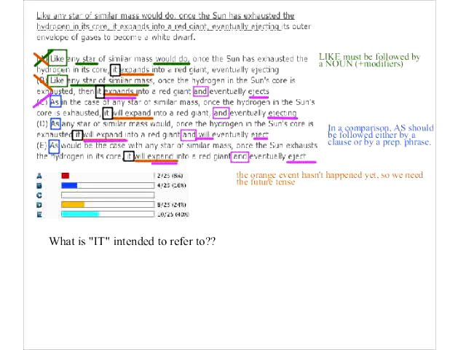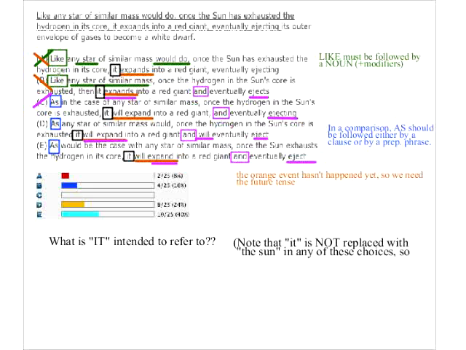Remember, ambiguity is not a problem here, because it is not replaced with anything. It is in all five choices, so there's no replacement, therefore ambiguity is not an issue. Note that it is not replaced with the sun in any of these choices.